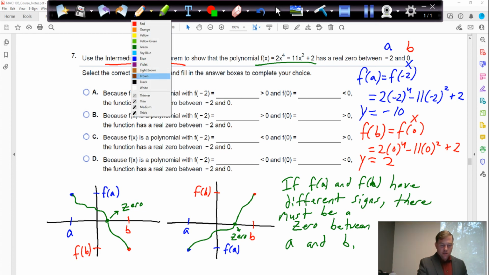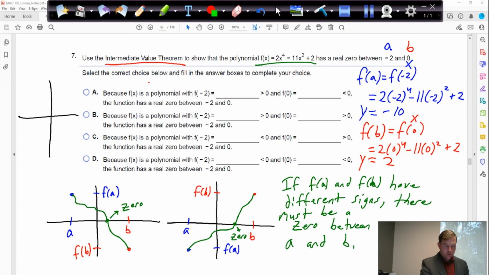So if we plot this, we had an x value of -2, and for that one it had a y value of -10 down here. And when x was 0, we had a positive 2 in the y. So our 2 points would be (-2, -10) and (0, 2).